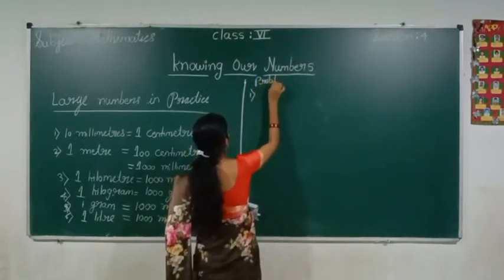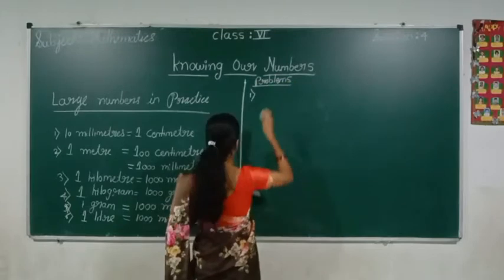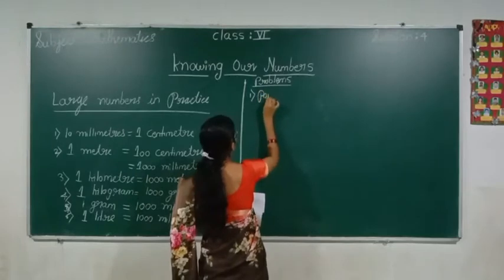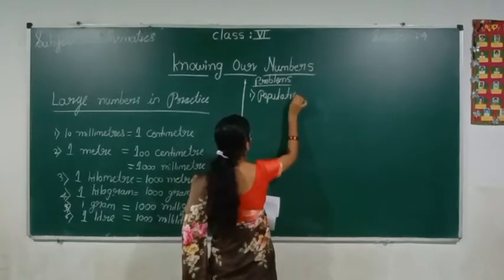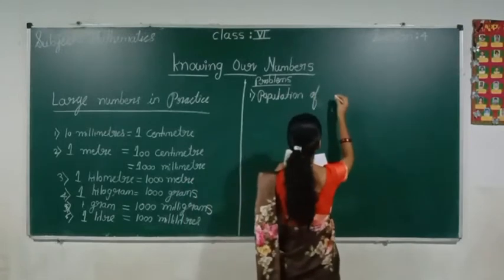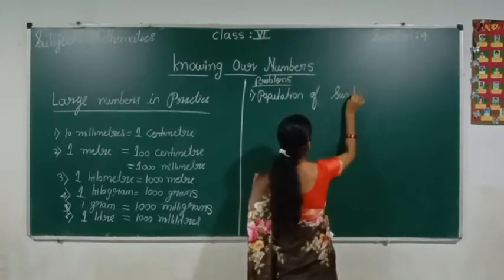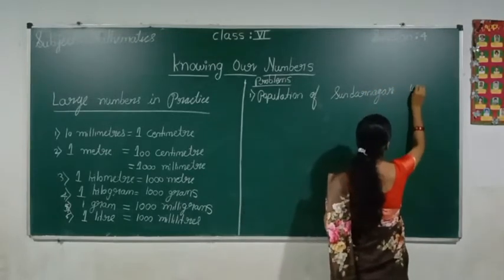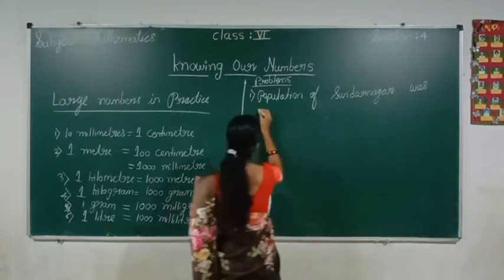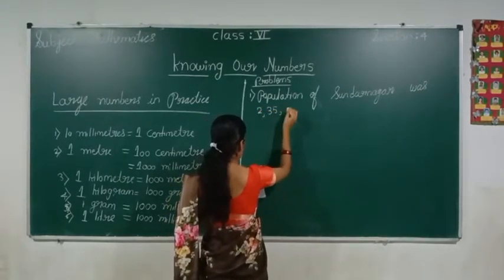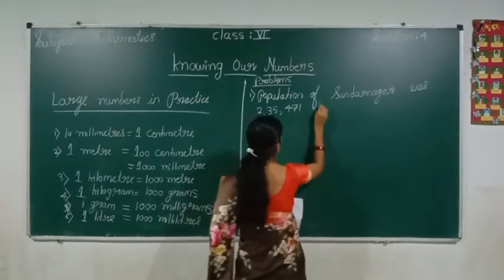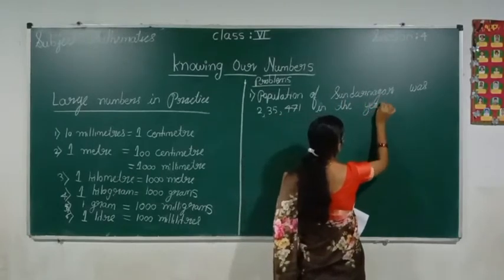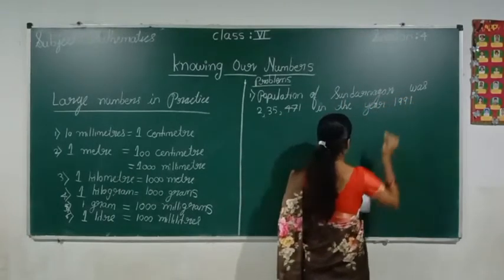Problems. Population of Sundarnagar was 2,35,471 in the year 1991.